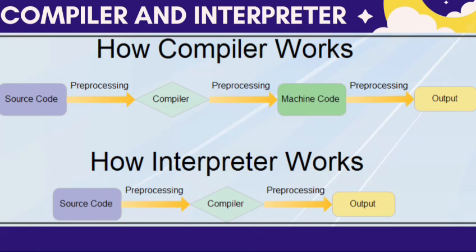The compiler first of all translates the code that you've written from the high level down to the machine language. Now when it successfully does that, the interpreter works on it. And what does the interpreter do? The interpreter now interprets the machine language and then gives you back your answer in high level language.